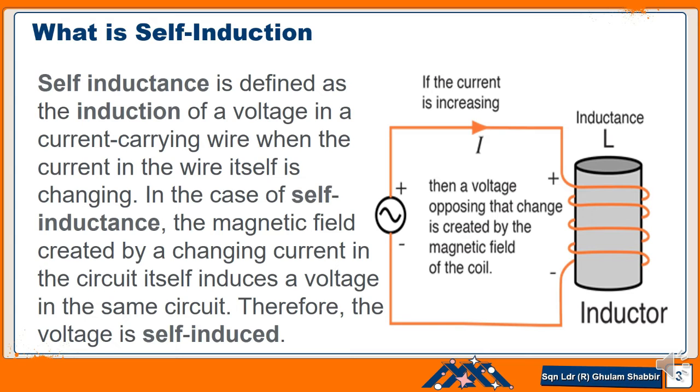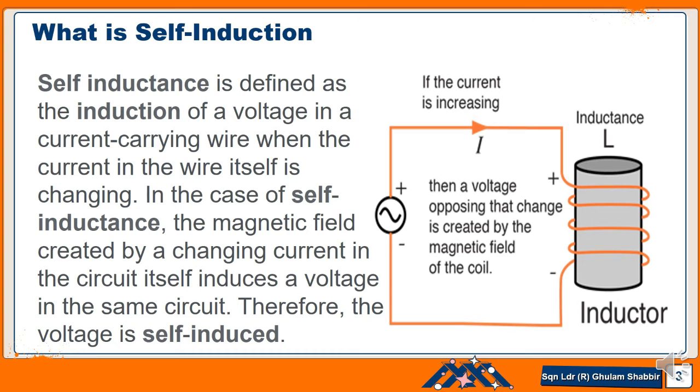So when there is a change of magnetic flux, according to Faraday's law, there must be an induced EMF produced. So the changing magnetic flux in the same coil will induce an EMF which will be opposite to the EMF supplied, according to Lenz's law.